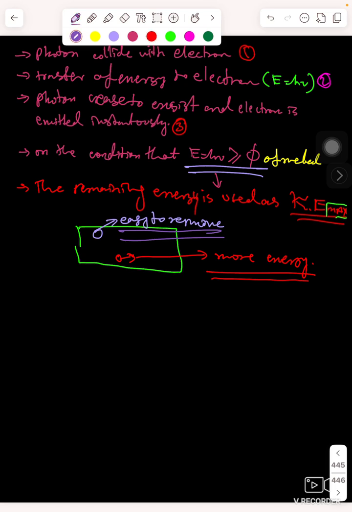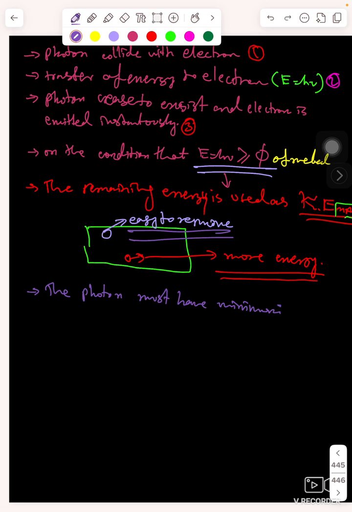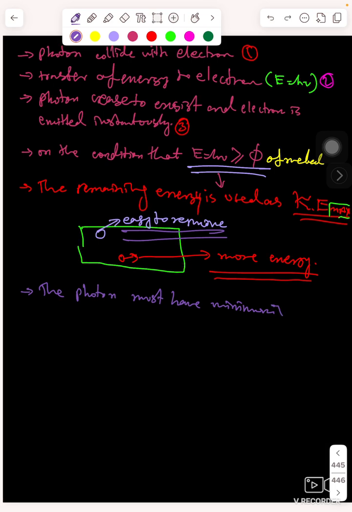We also say that the photon must have a minimum threshold frequency. That is the minimum frequency, if I'm right. Yeah.